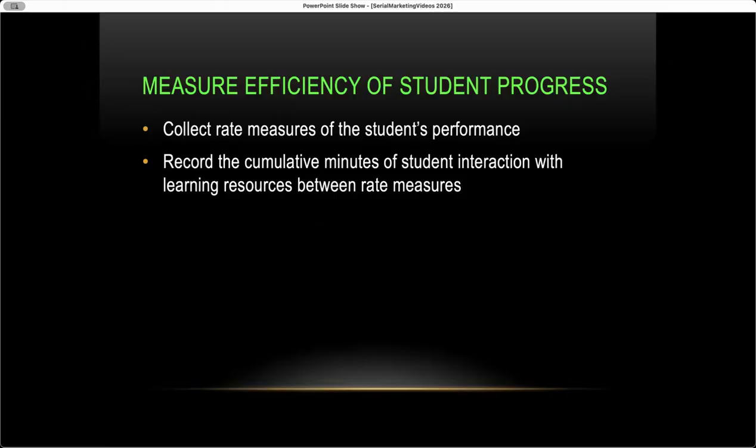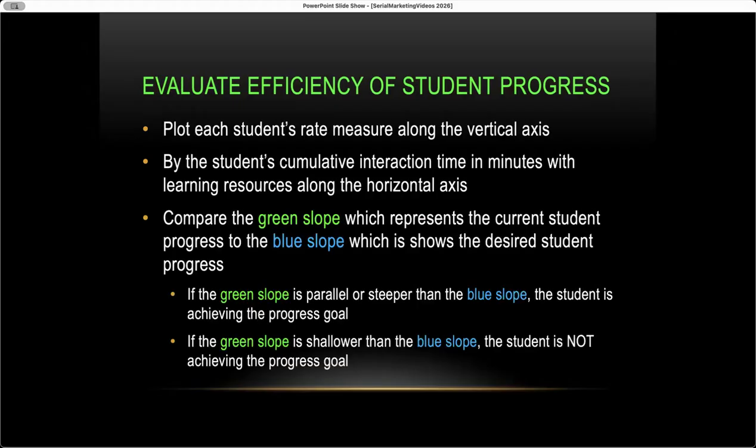So how do you measure the efficiency of student progress? You collect rate measures of the student's performance, and you record the cumulative minutes of student interaction with the learning resources between two rate measures.